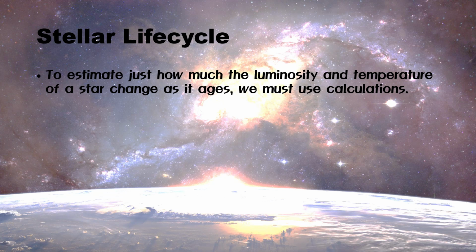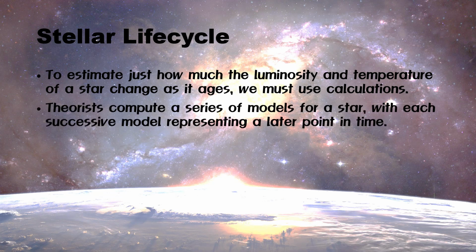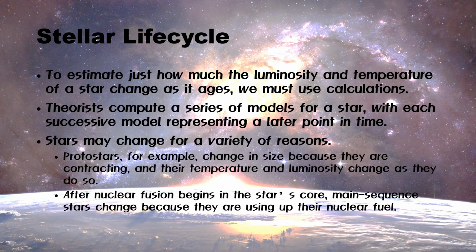So to estimate just how much the luminosity and temperature of a star change as it ages, we actually have to use calculations. Those are going to be calculations beyond what we're going to cover here, but that's how we, of course, derive this. Now, theorists compute a series of models for a star, with each successive model representing a later point in time. Stars may change for a variety of reasons.